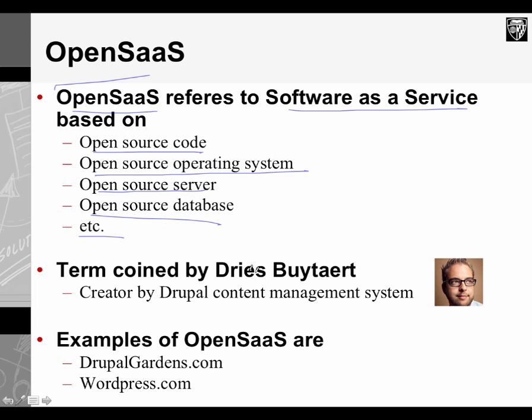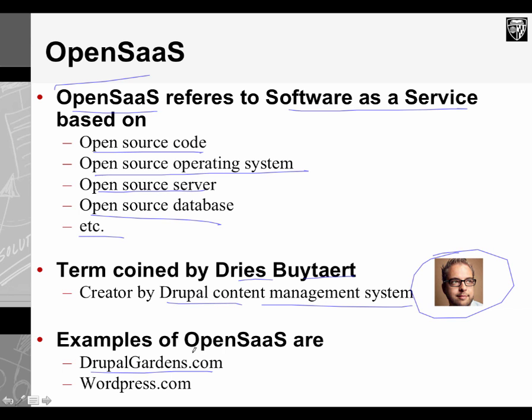This is a term that was coined by Dries Buytaert, who is the creator of the Drupal content management system. He's right here. He created Drupal Gardens. DrupalGardens.com is really a SaaS service for building Drupal-based software, but everything is based upon open source software.